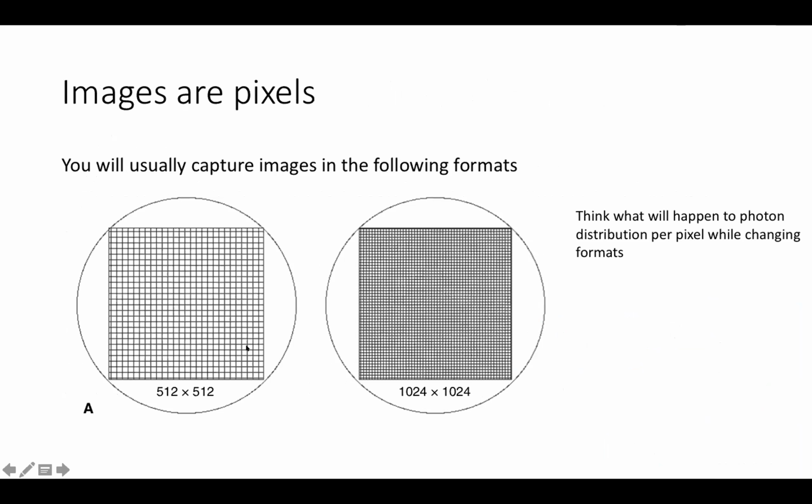So when we zoom into an image, you can acquire an image on a confocal as 512 by 512 or 1024 by 1024. And remember, I told you that on confocal you are point scanning every individual area. So every individual pixel is getting point scanned.